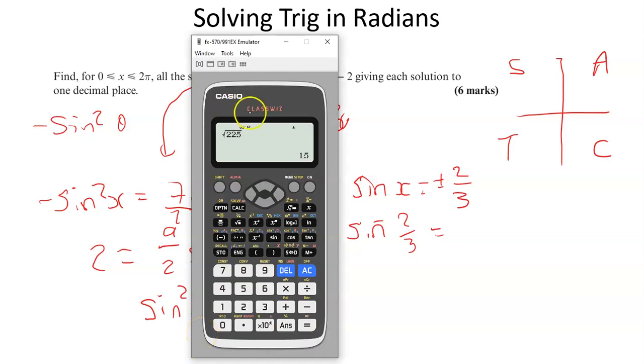As we're in radians, make sure our calculator goes into radians. So shift, set up, angle unit, radians, shift sine of 2/3, and we get the answer of 0.729 or 0.730 if we round it.